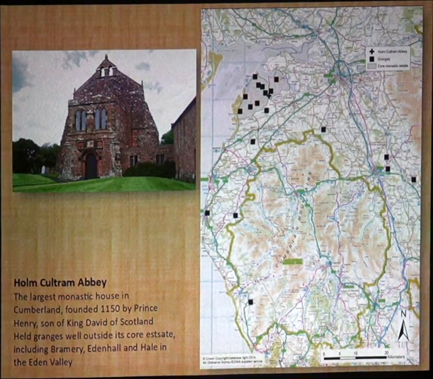Originally it held quite a bit of land in Scotland, but as soon as war was declared between England and Scotland, it lost its Scottish lands. So it was given special dispensation to keep being granted land in England, even after the Statute of Mortmain, which stopped that going on elsewhere because the Crown was worried about losing too much land to the church. Holme Cultram was given an exception.